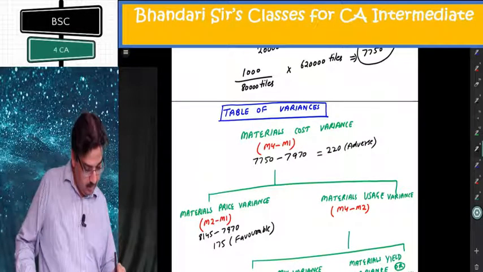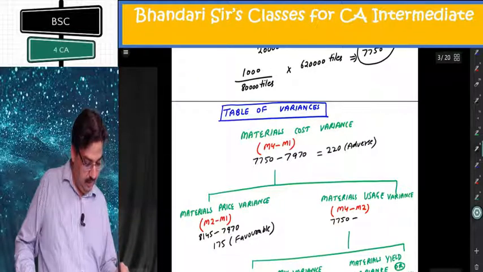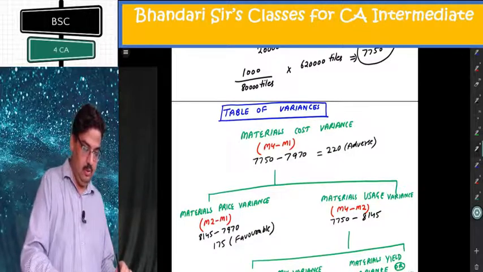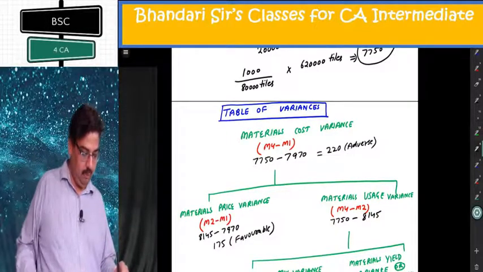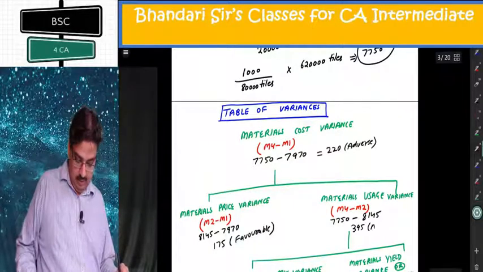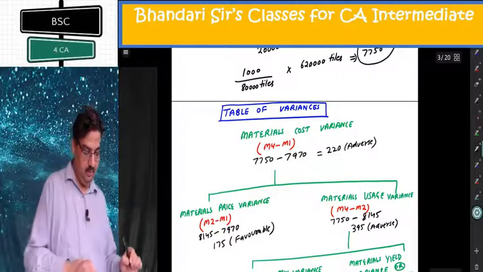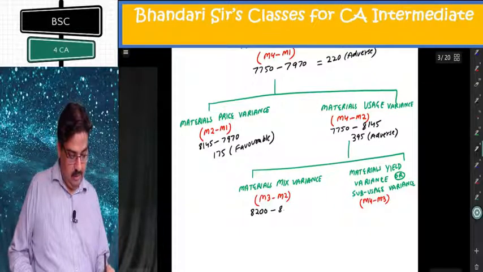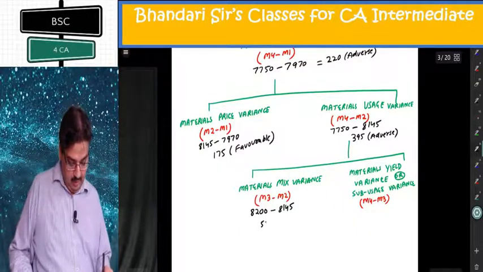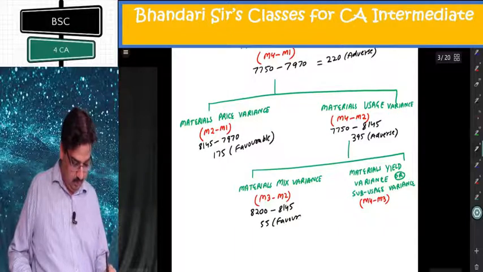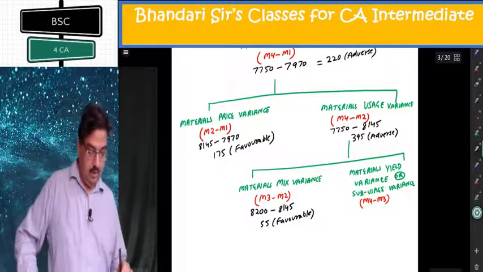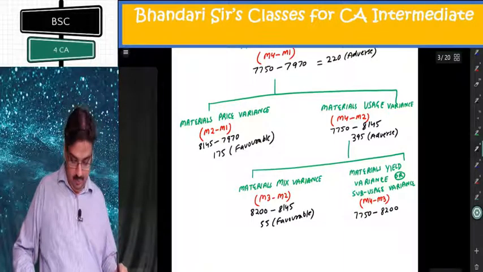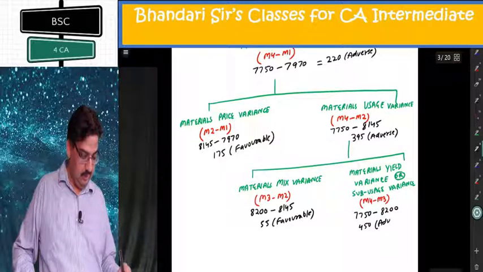Then M4, 7750 minus 8145, 395 adverse. 8200 was M3, minus 8145. I am getting 55 favorable. Lastly 7750 minus 8200, 450 adverse.